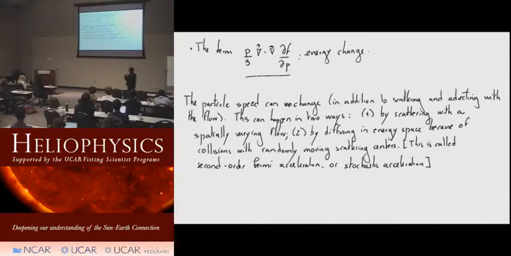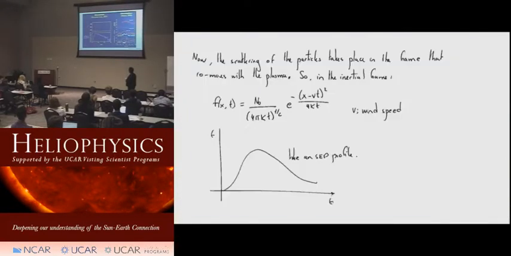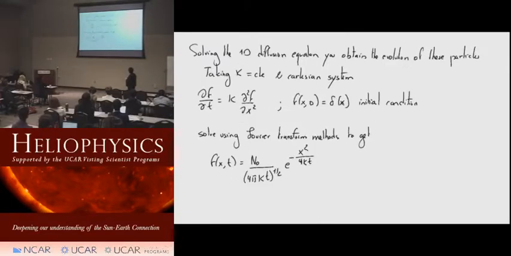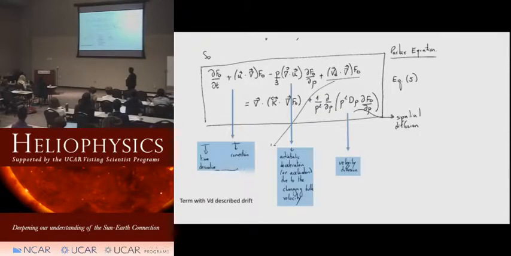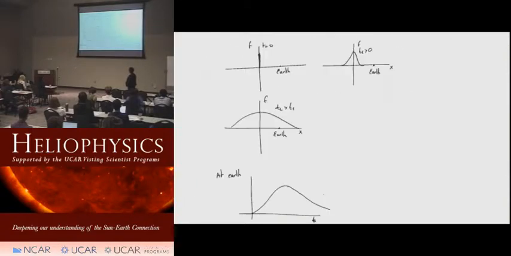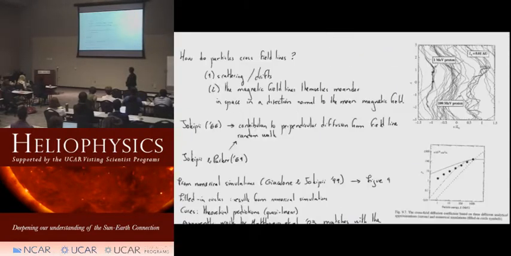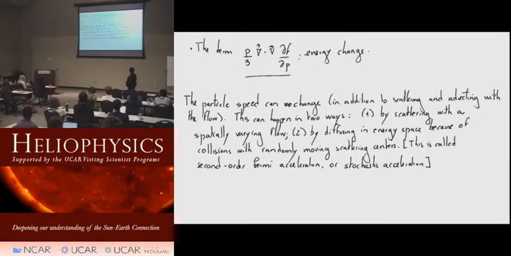Okay, so what we talked about so far in the Parker equation, let me go back, is this diffusion term that makes the spectrum turn. And we talked about this convection with the flow. We haven't talked about this term yet, okay? We're not going to talk about the drifts here, but we didn't talk about this term. So this term here is the energy change.